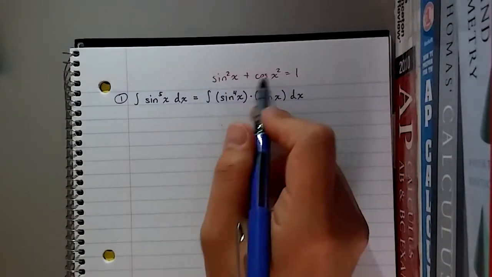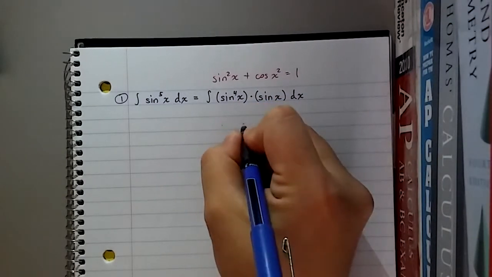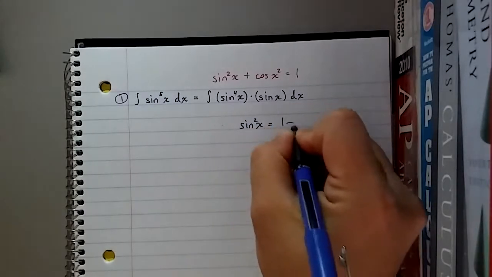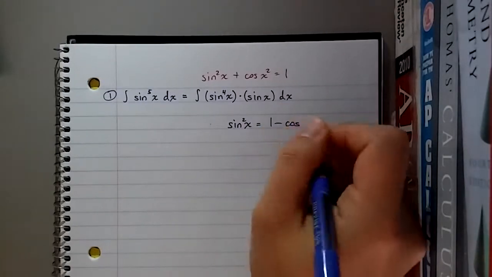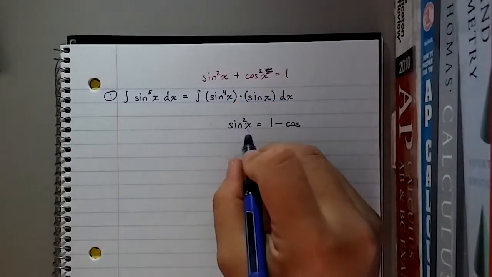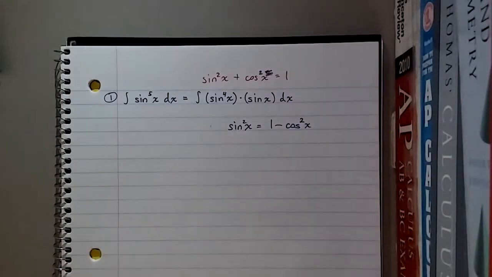if I solve this out, I will get that sine x squared is 1 minus cosine. Oops, that's in the wrong place. Sine x squared equals 1 minus cosine x squared.